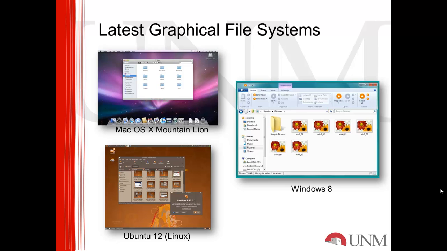But all three operating systems shown here have quite similar capabilities in terms of file management and quite similar fun end-user tools for file management.